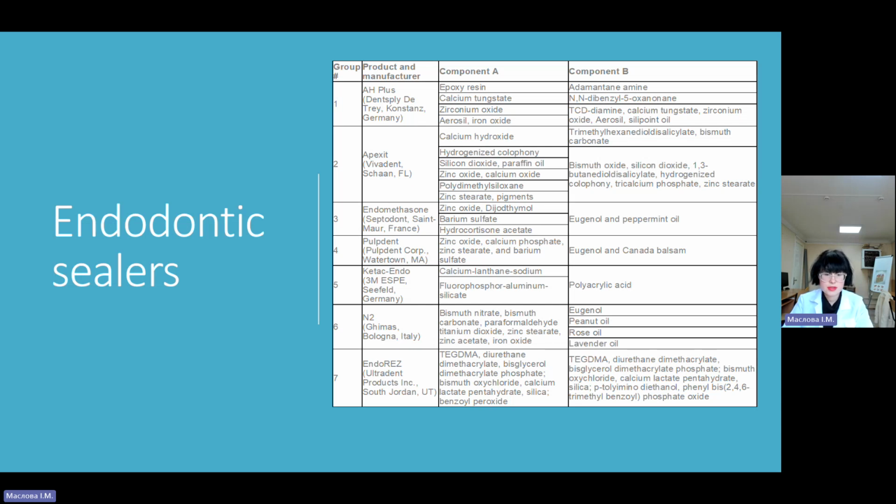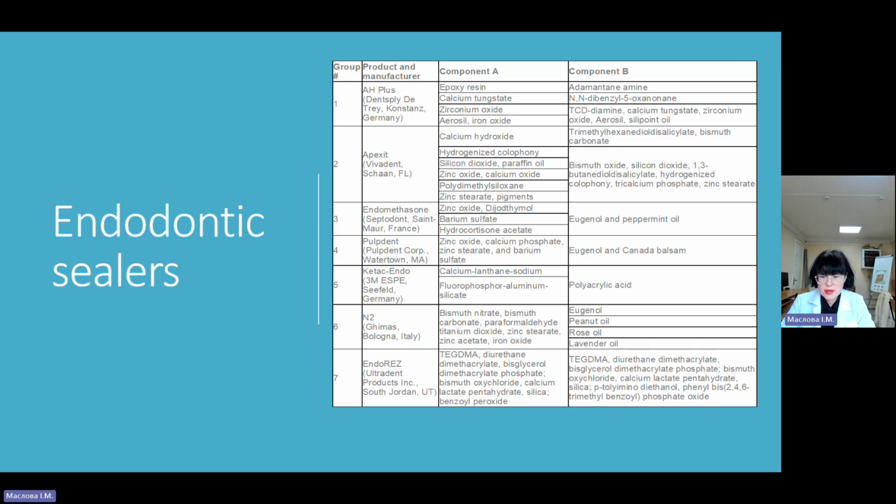This table includes different types of sealers with component A and component B. AH Plus contains epoxy resin, calcium tungstate, zirconium oxide, and calcium hydroxide.